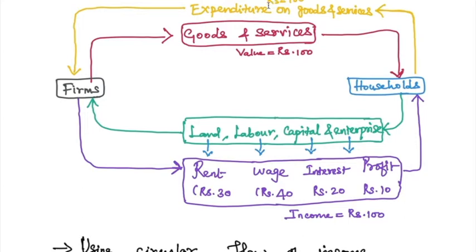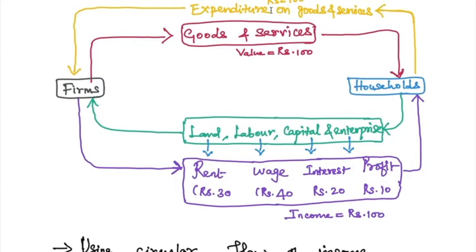So what you can understand is these values are all the same. The total income from lending the four factors of production to firms is 100 rupees for the households, the value of goods and services produced by the firms is 100 rupees, and households' spending on goods and services produced by firms is 100 rupees.